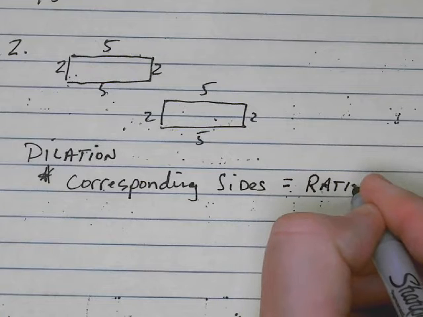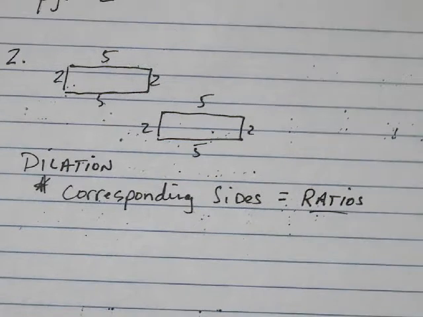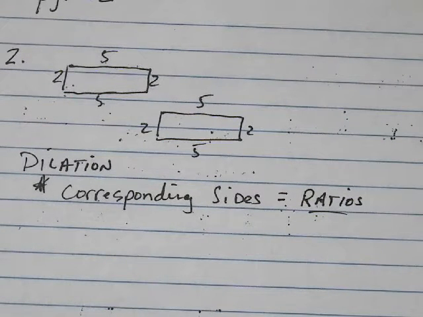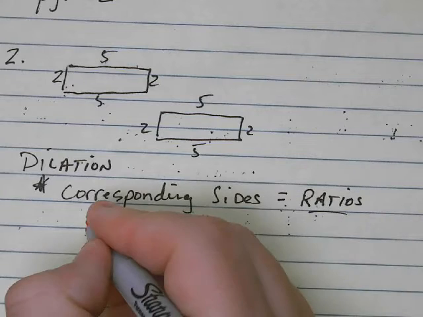Now, what's a ratio? A ratio is as simple as it gets in math, just a comparison of 2 numbers. That's all a ratio is. It's comparing 2 numbers.